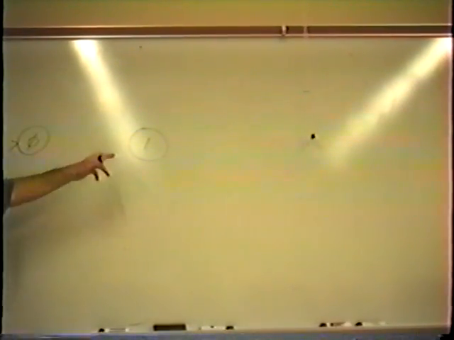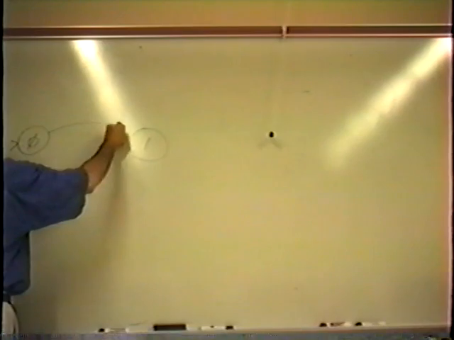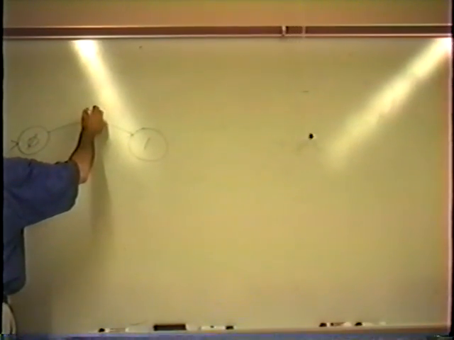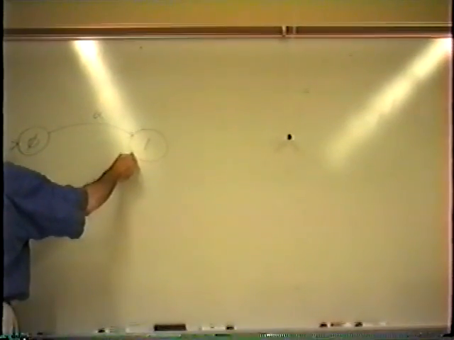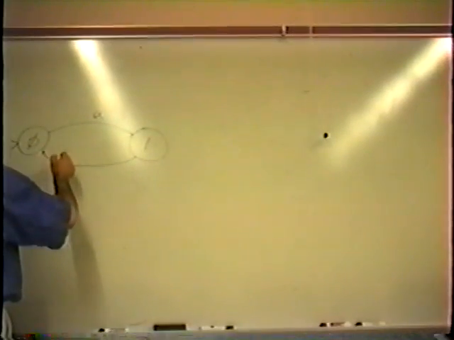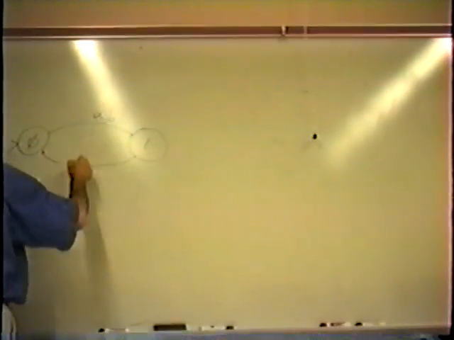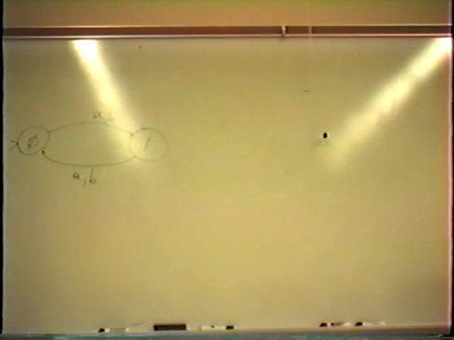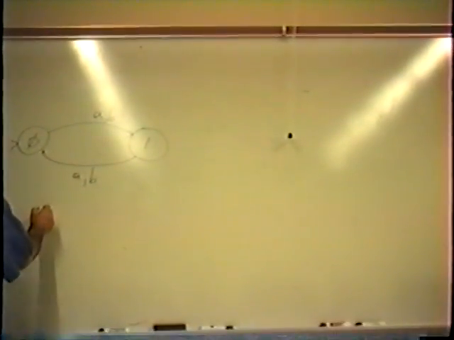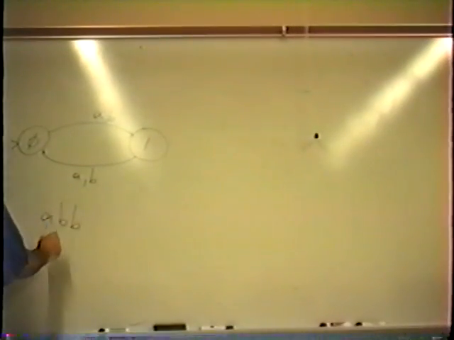Two states. If you land in here, output is 0. Here, output is 1. What does that do? Well, let's give some input. Let's say the input to this machine is A, B, D. What's the output?